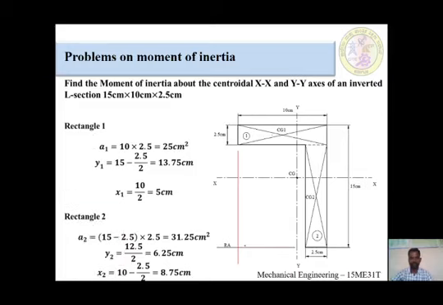Which reference do we take? For calculating y values we take the lowest line, and the left line for x values. After that, what would be the area of the first part?